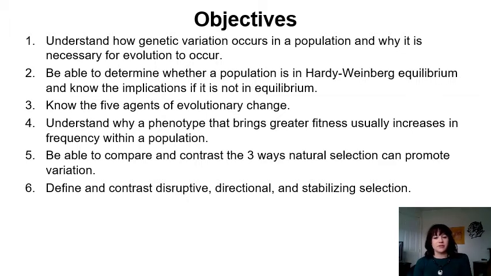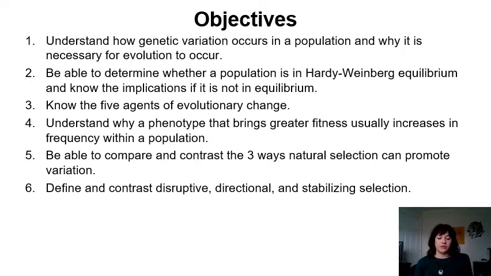Next, you should understand this idea that a trait that gives an individual greater fitness is usually going to be selected for, and it's going to increase in frequency in that population. So we're going to talk about how it is that that works. All right, so why is it that if a trait is more advantageous, you end up seeing it more in future generations?